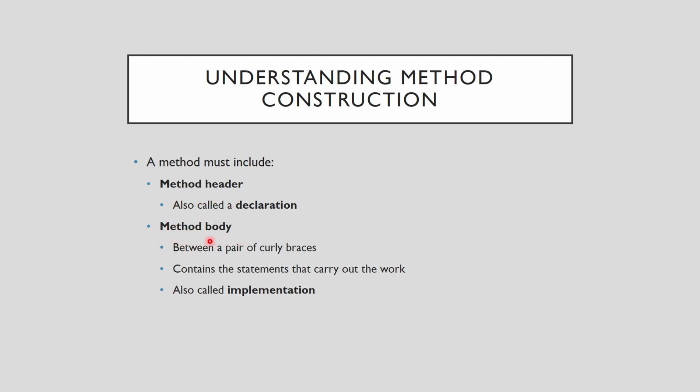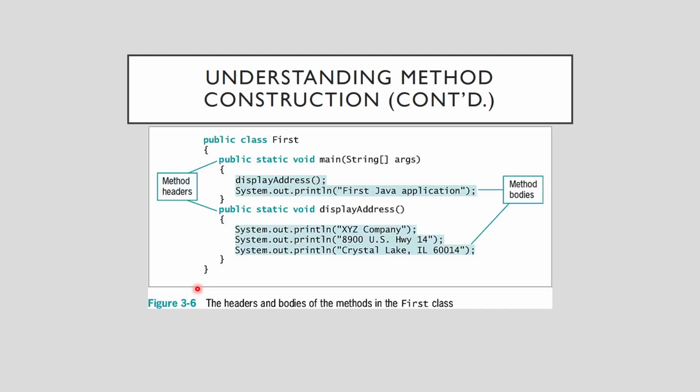The content of the method body is placed between a pair of curly braces, and this method body is called the method implementation because it contains the definitions of the method. Here it shows the method definition of display address.